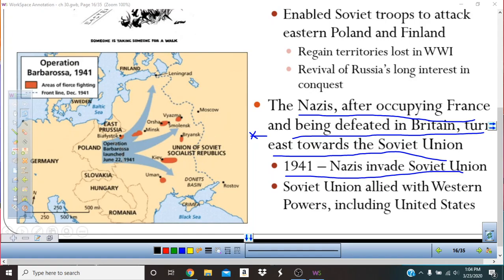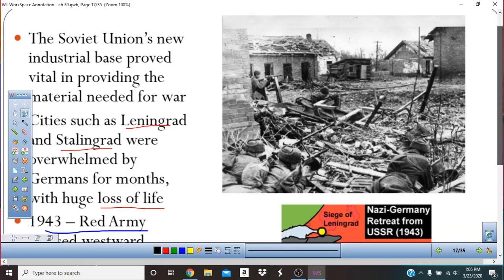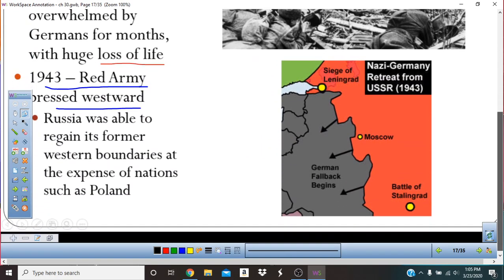In 1941, the Nazis invade the Soviet Union, and there was a reason why Stalin didn't trust Hitler, and Hitler would ultimately invade his country. Devastating in terms of the numbers of lives lost. Leningrad, Stalingrad would have major loss of life.